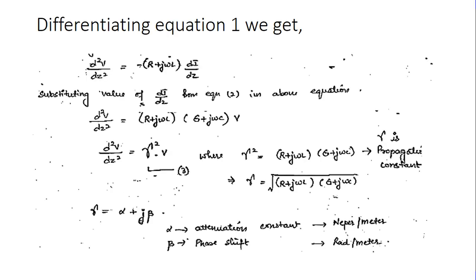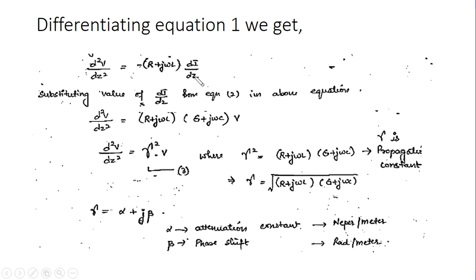If we consider equation number 1 again, dV by dZ equals minus (R plus jωL) into I, and differentiate it with respect to Z, in that case d2V by dZ square equals minus (R plus jωL) into dI by dZ.